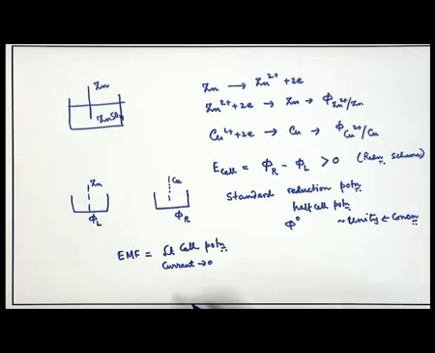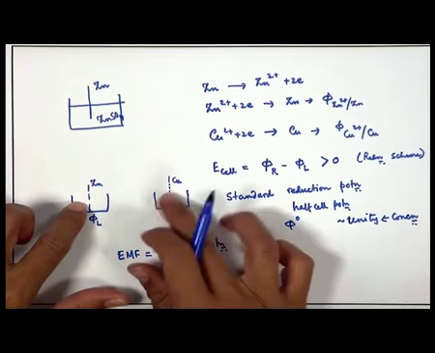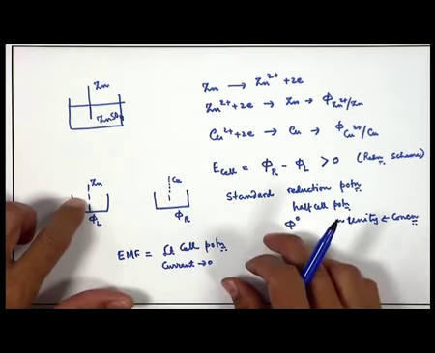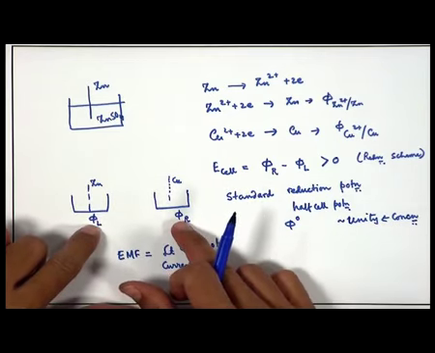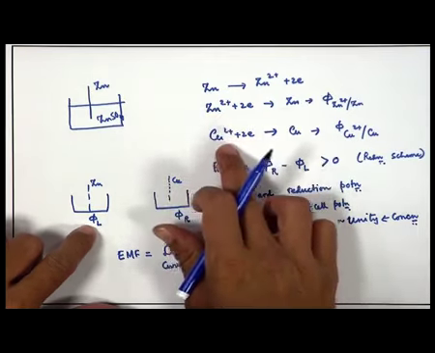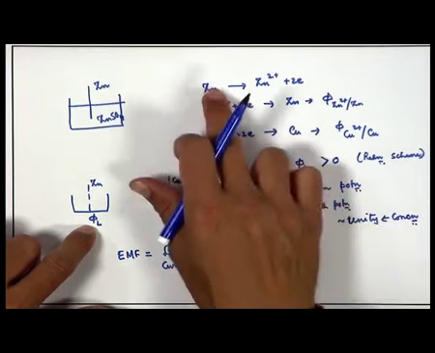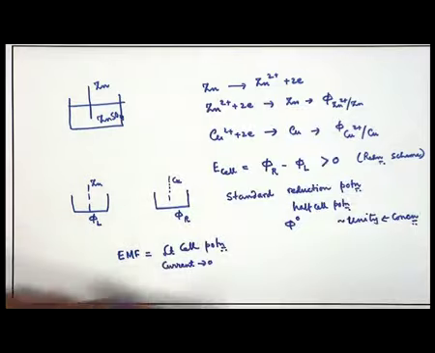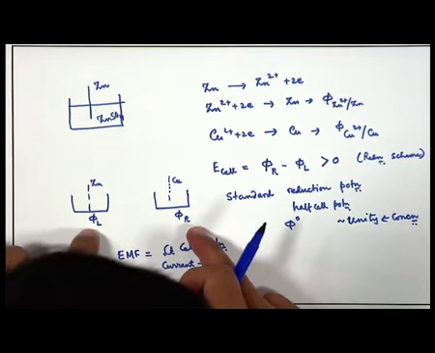So, what are the things that we have used here? One is the half cell. Then the half cell potential, phi, in the reduction potential scheme, where you represent the reaction in reduction form, like copper 2 plus to copper, zinc 2 plus to zinc. That is why these phi's are reduction potentials.